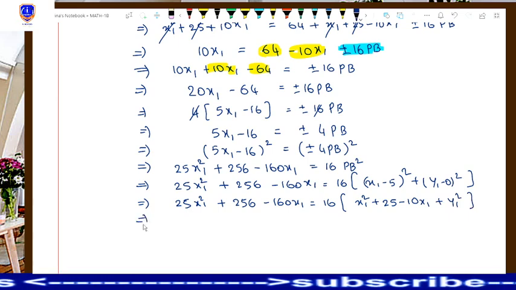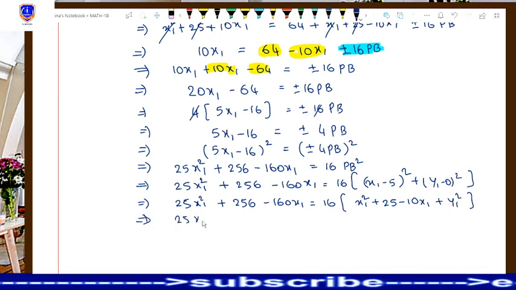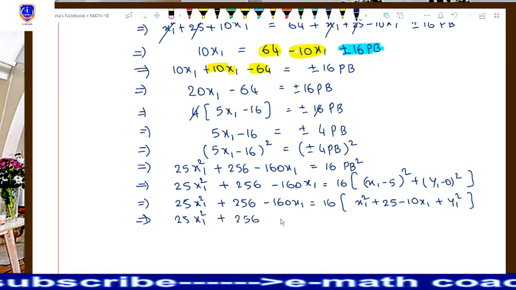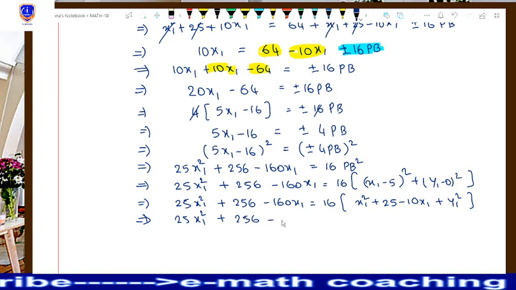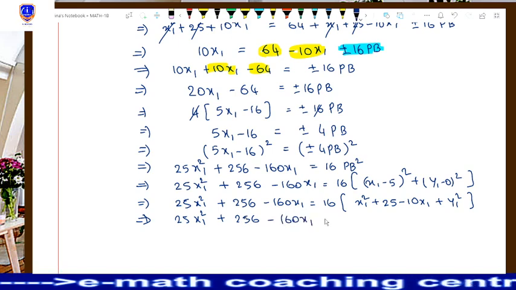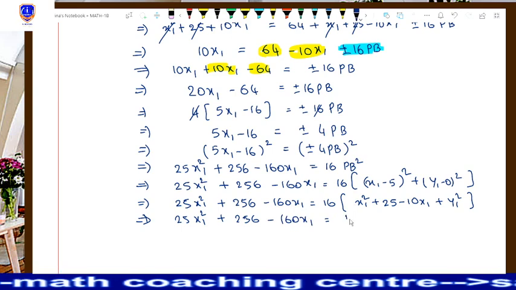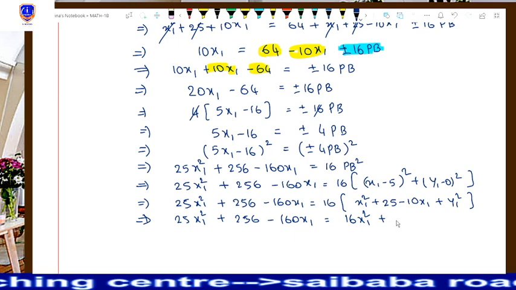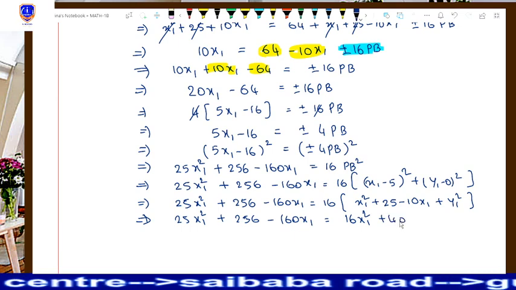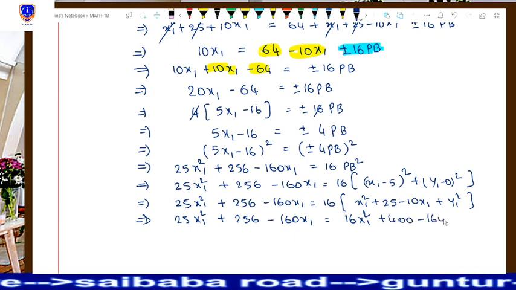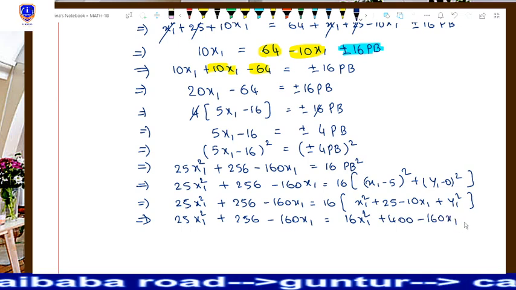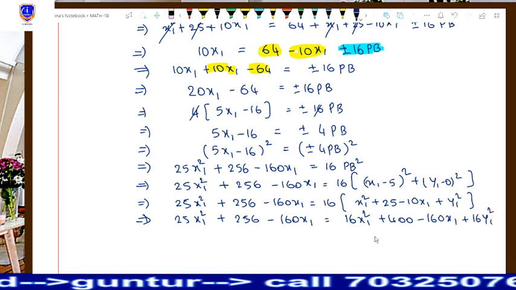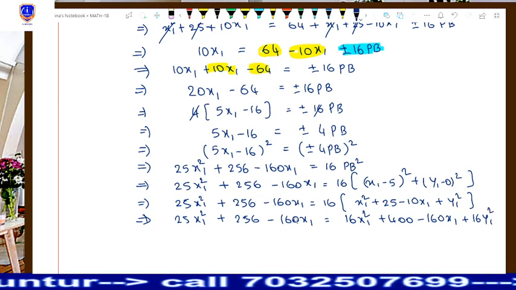Which implies that 25x1 square plus 256 minus 160x1 is equal to 16x1 square. 16 25s are 400, minus 10 into 16, 160x1, plus 16 into y1 square, 16y1 square. Take a look at both of the sides.